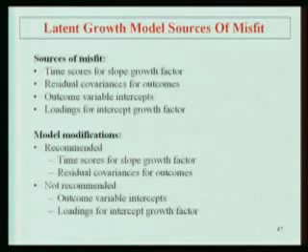So the intercepts of the outcome variables are fixed to 0, and the factor loadings for the intercept growth factor are fixed to 1. That's part of what makes it a random effects growth model.